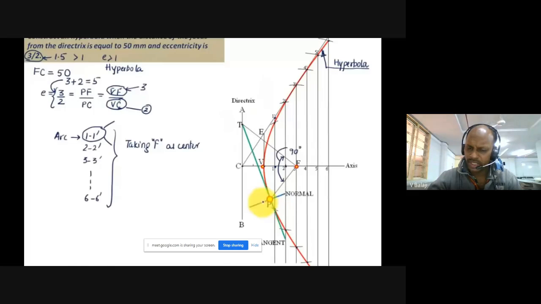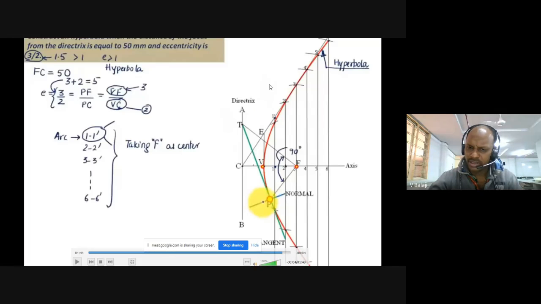Maybe you don't have any applications at this point of time. This curve, the hyperbola, also has a lot of applications. You can see such types of curves in general construction or some other areas of life. We will see those applications in detail in later classes.